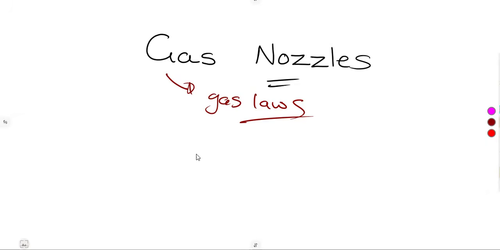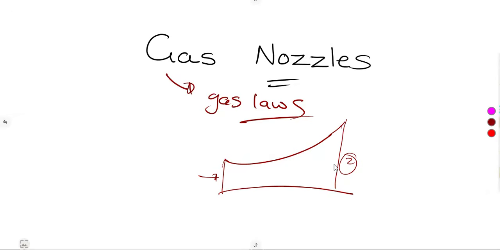The air, remember, the cross sections there are different. So as the gas enters at the inlet, take note, it is entering at the inlet. It enters at a certain pressure, which is our P1, up to when it comes to the exit.